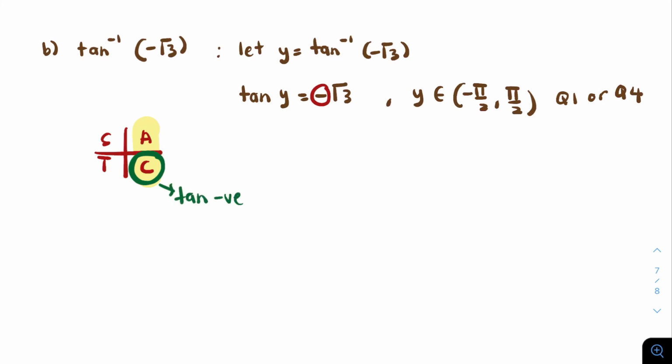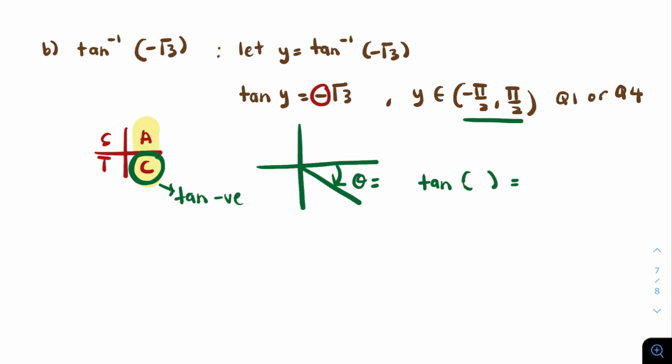Tangent negative. So what can you see? From the angle at quadrant 4, you want negative pi over 2 until pi over 2. Finding the angle as a negative angle is much easier. Your angle theta over here, what is the angle, a negative angle that's going to give you tangent of negative square root of 3?